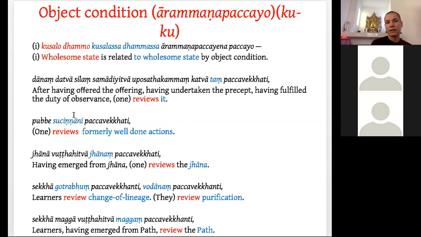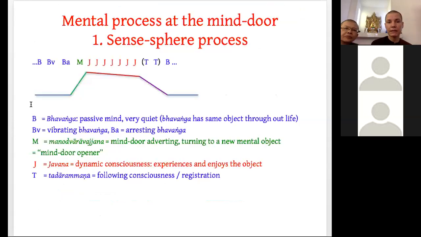These are just specific examples, and this statement says basically the same but more generally: one reviews formerly well done actions, the previously done wholesome actions. At this moment, I would like to take a look at the mental process in the sensual sphere, at the mind door.